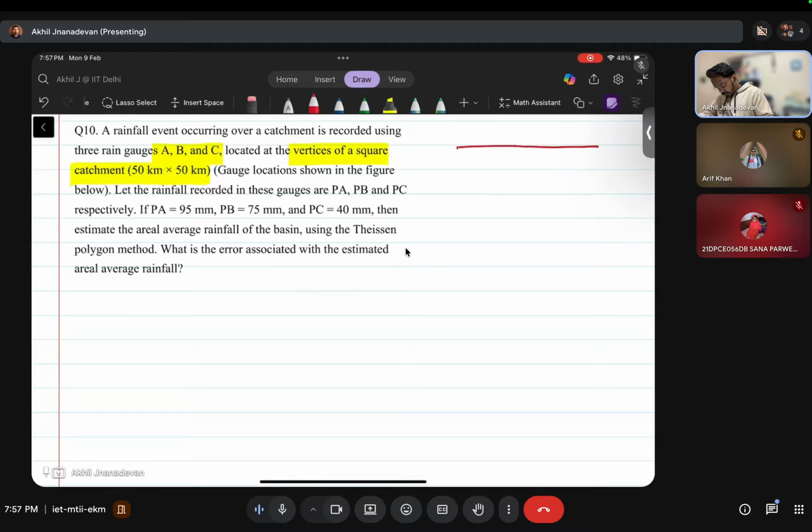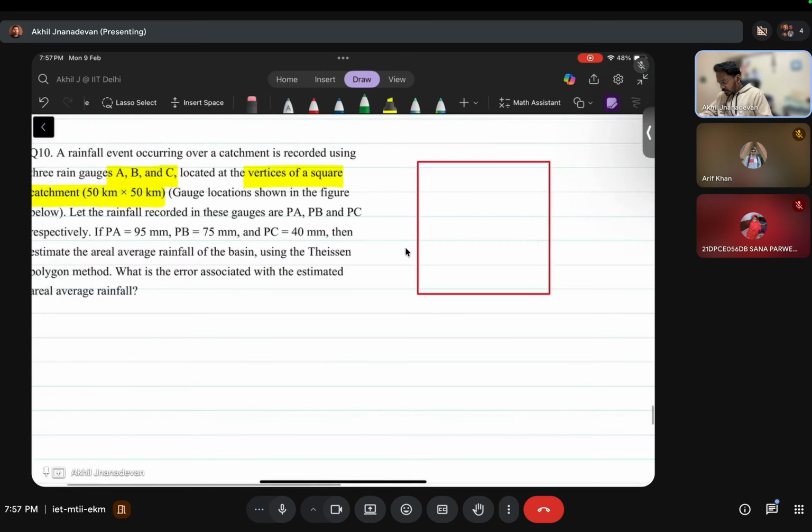So the first thing to do is to draw the Thiessen polygon. So we have a square catchment, which I'm naming ABCD.